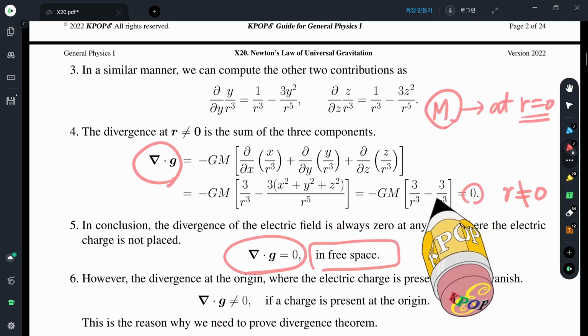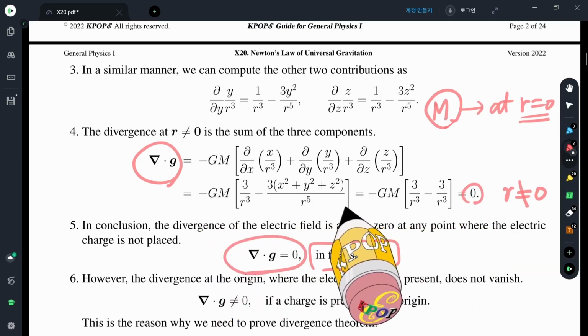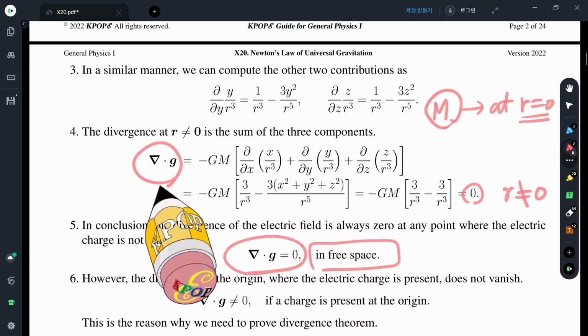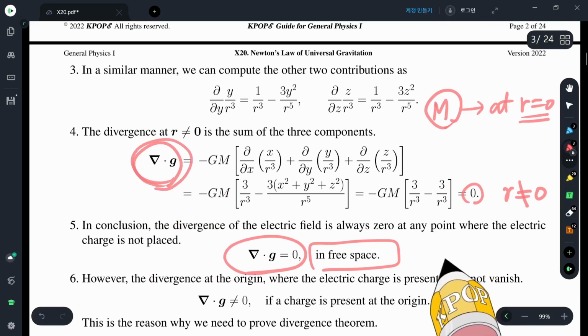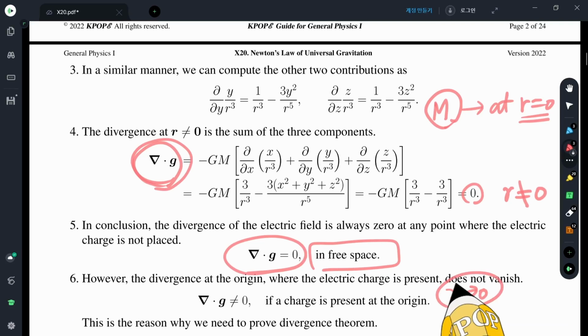However, we were not able to evaluate the divergence of the gravitational field as r goes to 0. That's the problem. What we want to do is make use of the divergence theorem.